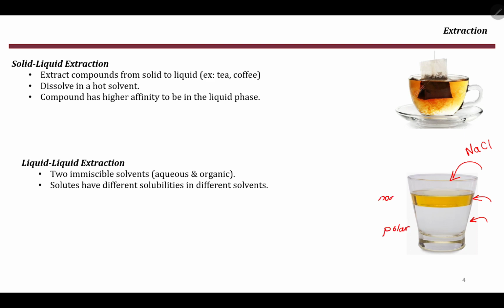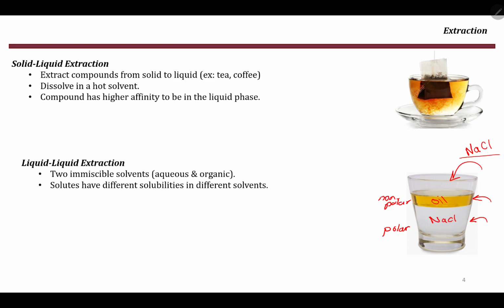So this is non-polar or slightly polar. Now, when I add NaCl to this mixture, NaCl has higher solubility and higher affinity to go to the water layer. And that's why when I add NaCl, it will stay here in the water layer, and only a small amount of this NaCl may stay in the oil layer.